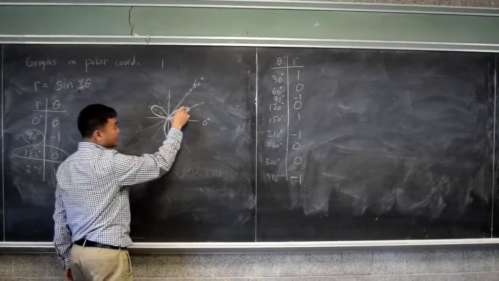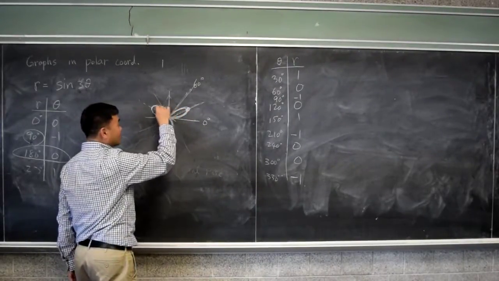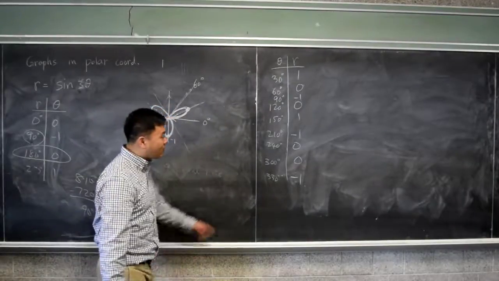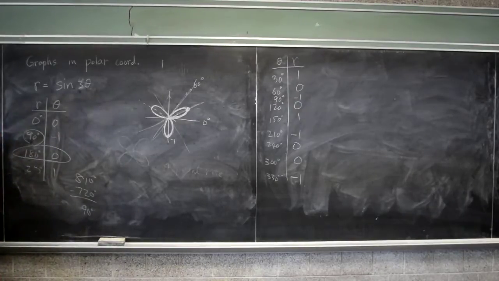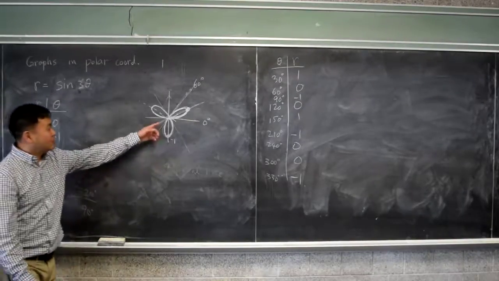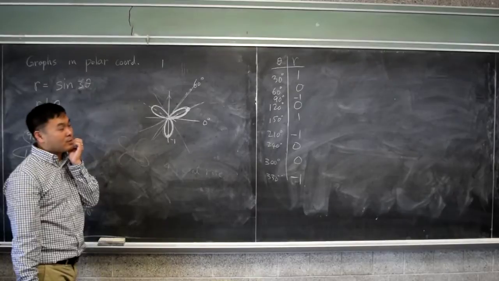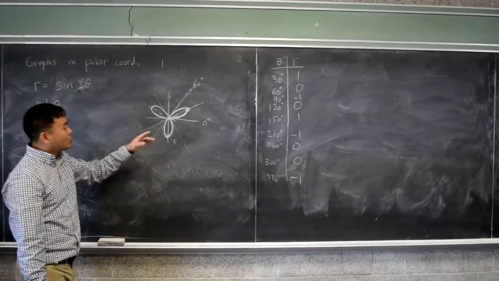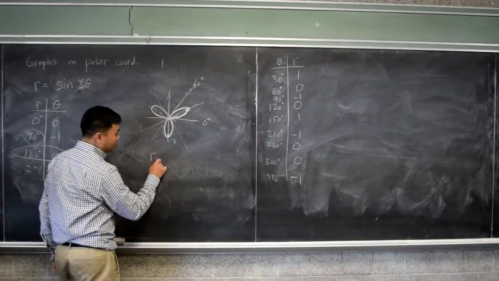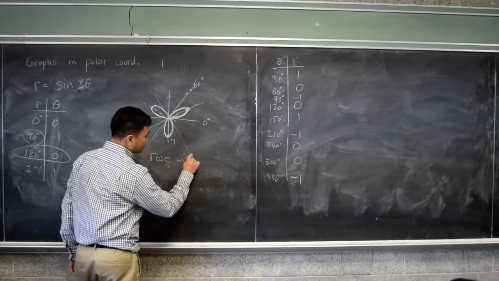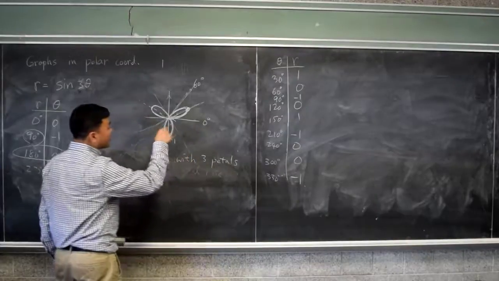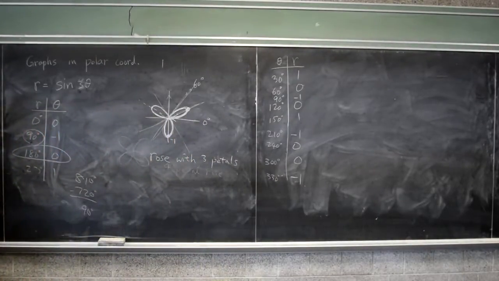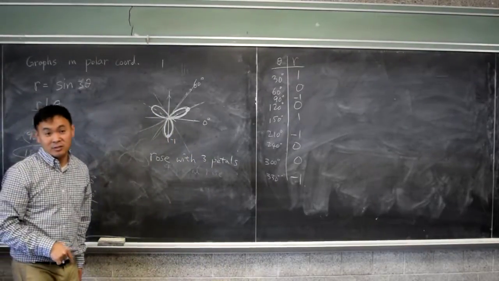And then it repeats everything. So if you follow these numbers, it's going to repeat everything, so you still get just 3 petals. What's really happening is you get rows with 3 petals, but you're going around this twice.